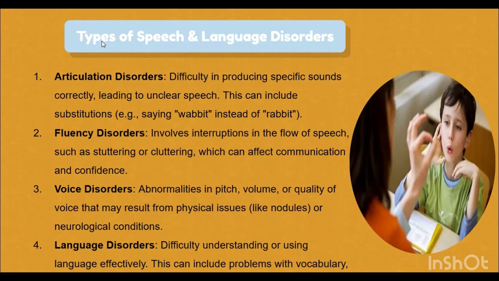Instead of saying rabbit, you say wabbit. And fluency disorder involves interruption in the flow of your speech, such as stuttering, cluttering, or in Jamaican terms, we would say stammer, which can affect communication and confidence.